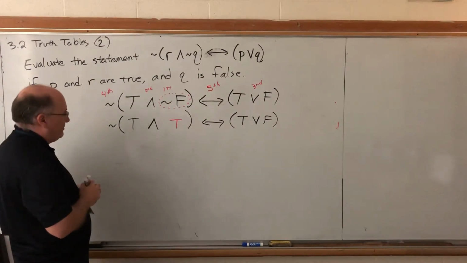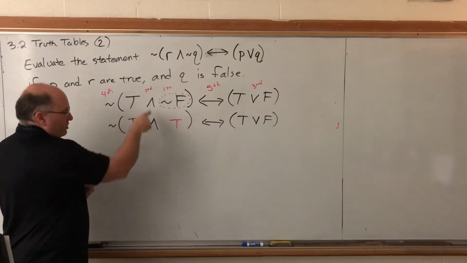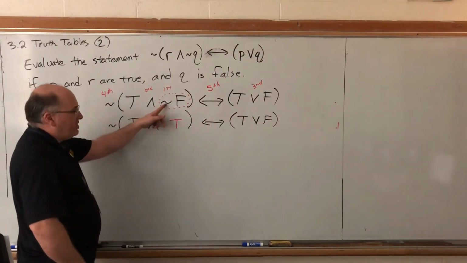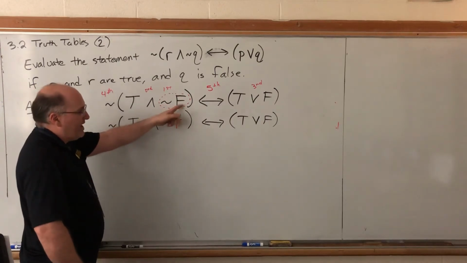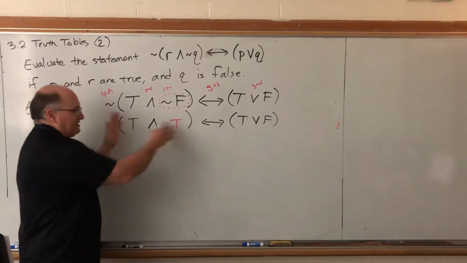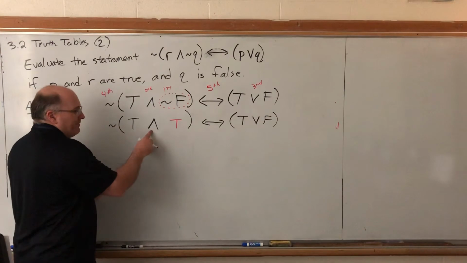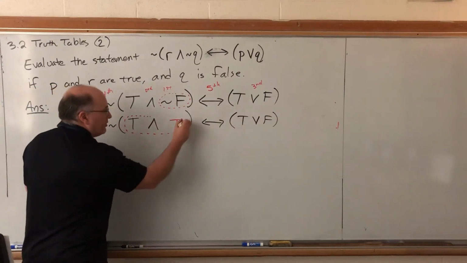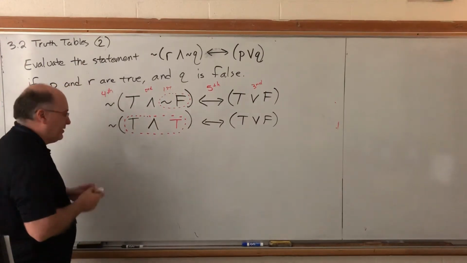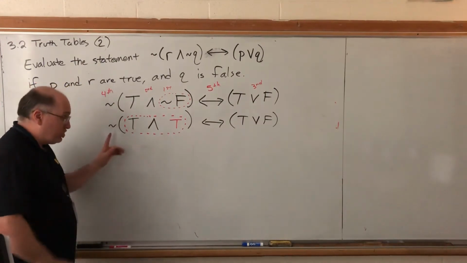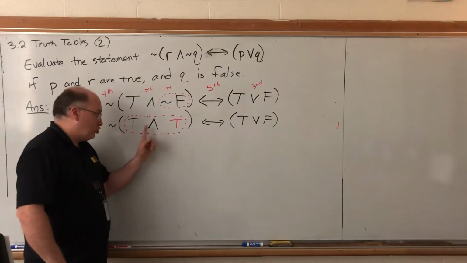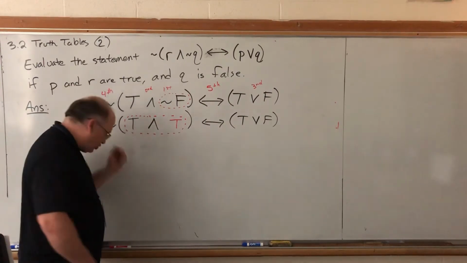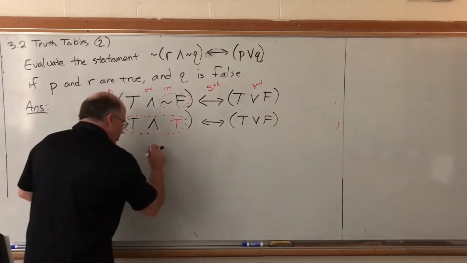All right, what was second? It was the conjunction. So now we evaluate the conjunction. And again, with the exception of negation, which only has one statement to the right of it, every other connective has statements on both sides. So when I evaluate this conjunction, I need to evaluate it with both truth values on either side. The rule for conjunction is it's true only when all of it is true. Well, all of this is true, which means the conjunction is also true.